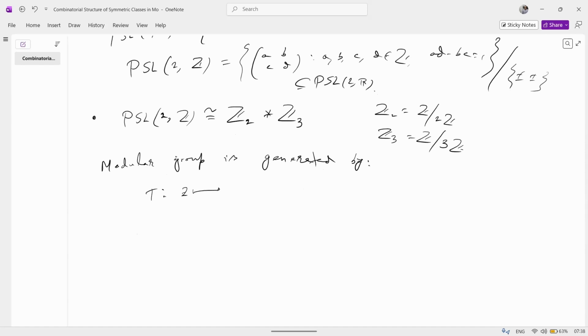One is this translation, and the other is this rotation, which generates the modular group. Okay, so we denote at the moment Gamma to be PSL2Z.